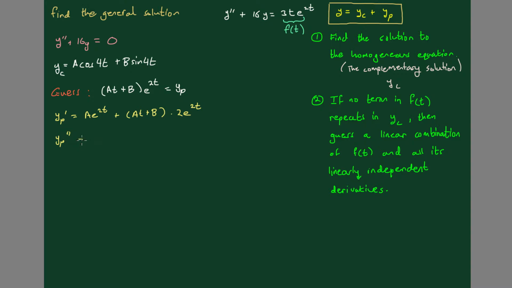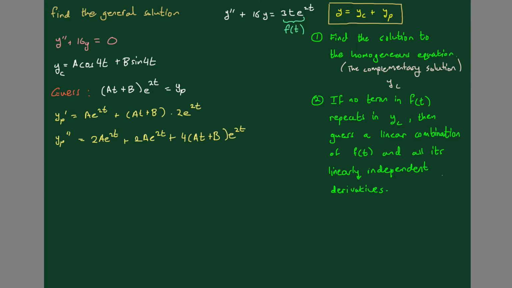And for our second derivative, we're going to have 2 times a e to the power 2t plus 2a e to the power 2t, and then we are going to have 4 times at plus b e to the power 2t. Now we can of course combine this to give us 4a e to the power 2t.